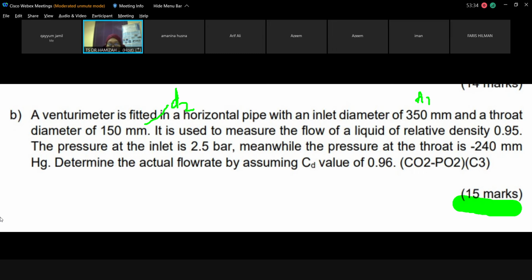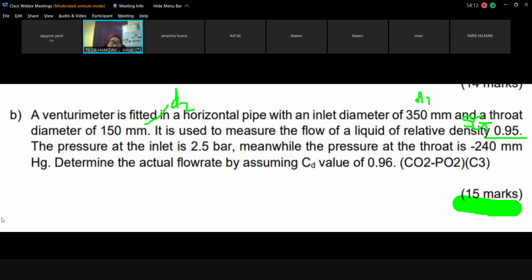So the liquid is not water, it is maybe oil. 0.95. What is relative density? It was a quiz question the other day. Many could not answer. Relative density is specific gravity, SG.